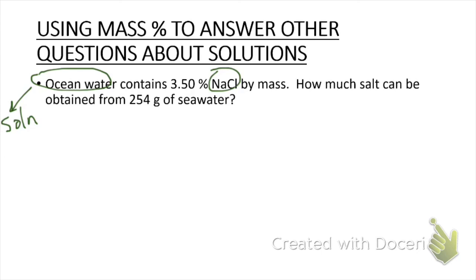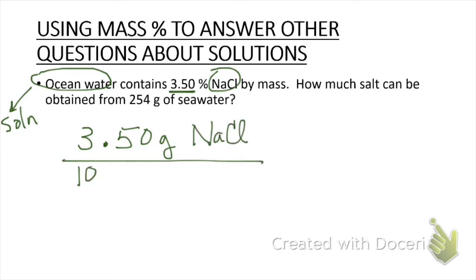So really all that's needed here is understanding that 3.5% means I would have 3.50 grams of sodium chloride if I had 100 grams of solution, in this case the seawater.